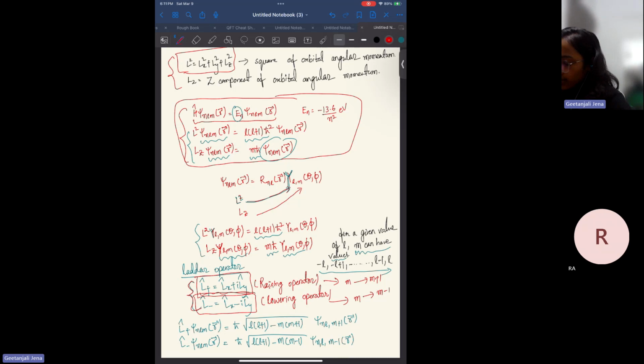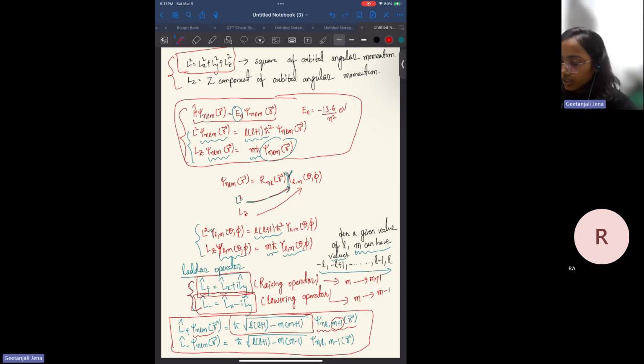And these are the equations that show how the state changes after the ladder operator acts on a state, let's say psi NLM. When the raising operator acts on this, you will get h-cut root of L plus 1 minus M times M plus 1, with a different state where the magnetic quantum number has changed to M plus 1. The other quantum numbers remain unchanged, only the magnetic quantum number changes.